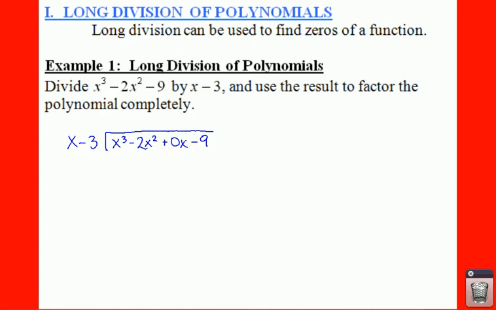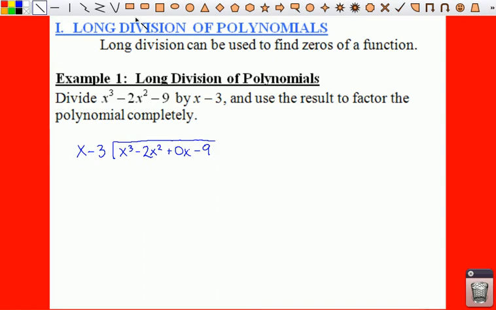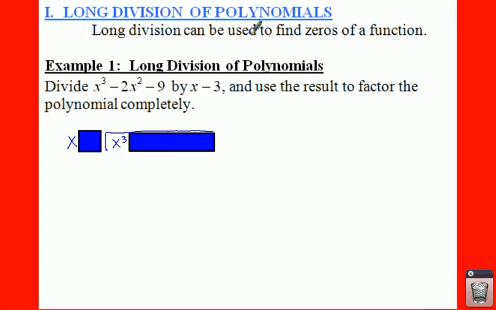So what we want to do is we don't look at the entire function. What you want to look at is just the x and that x to the third. Because when you simplify, you're not worried about the rest of the function, but you're worried about this first term here and this first term on the outside.